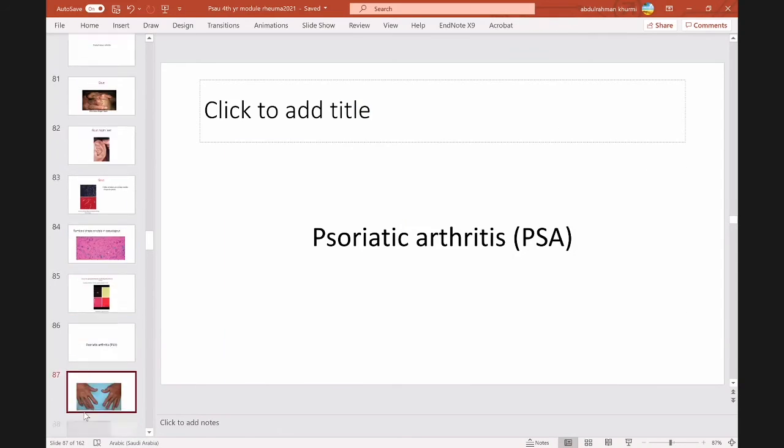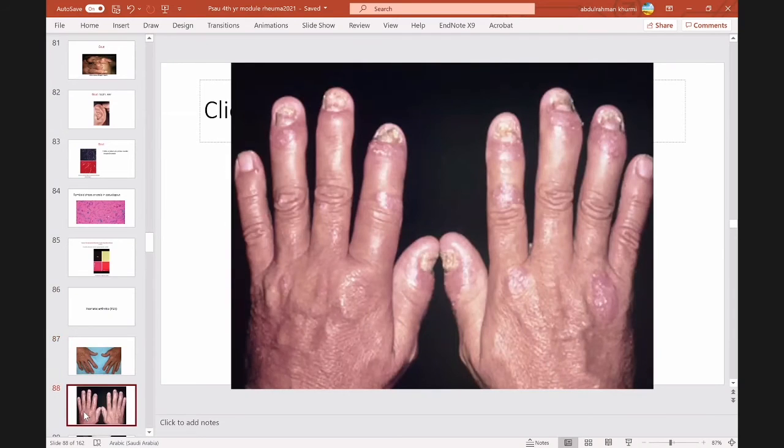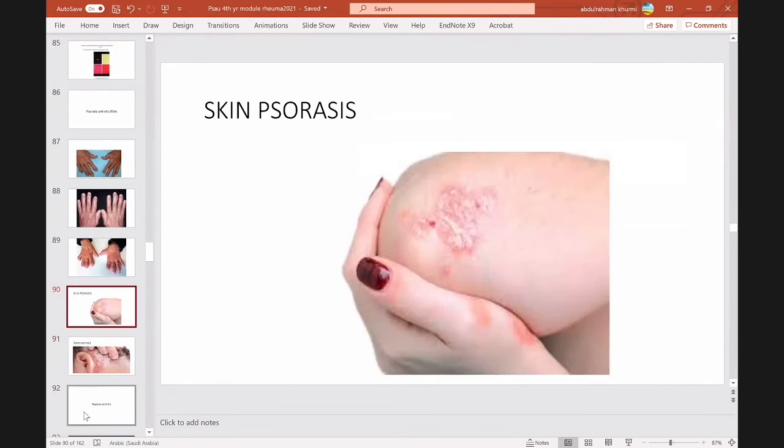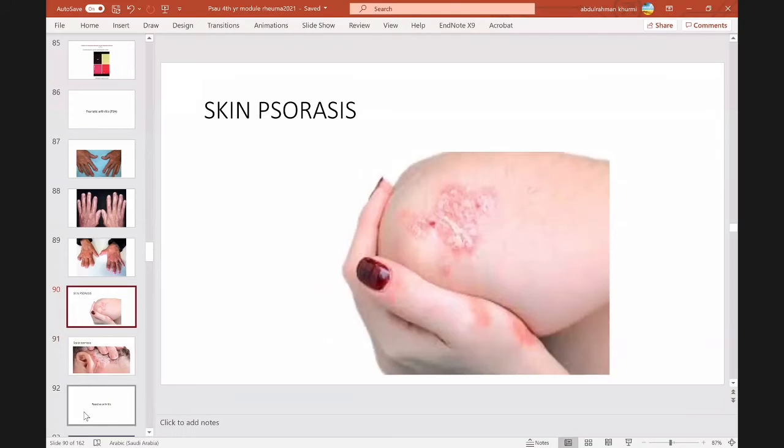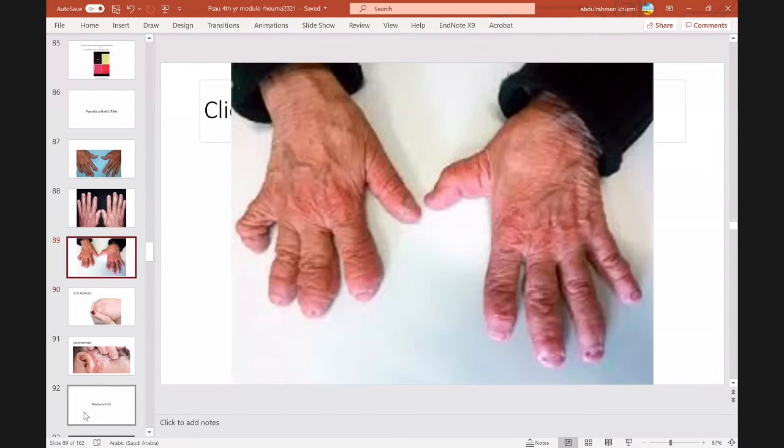Psoriatic arthritis, what is this? Psoriasis. Right, the psoriatic patch, yeah? It can be either diffuse or limited psoriatic patches. And because it is an autoimmune disease, it can affect the joints.